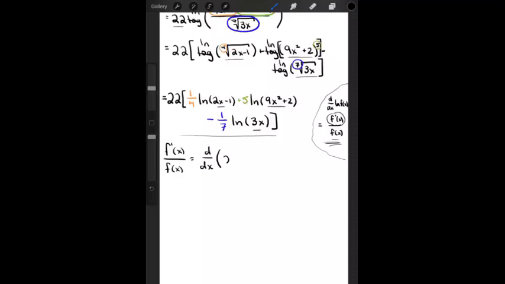Of, oh boy, I'm going to write it again. It's really the only problem I have with logarithmic differentiation: you end up writing the same thing a whole lot.